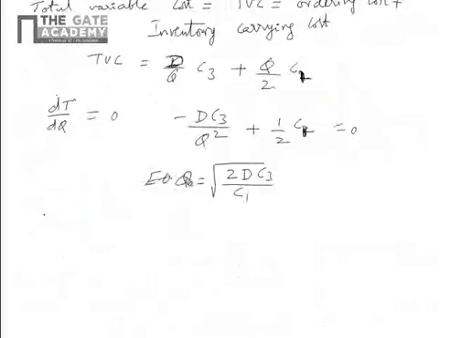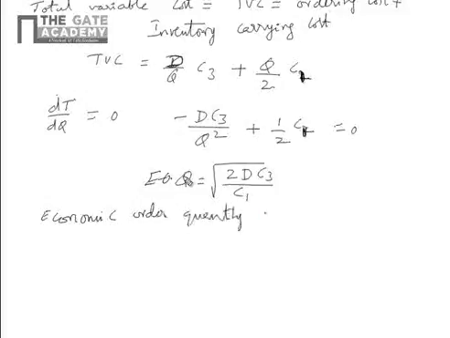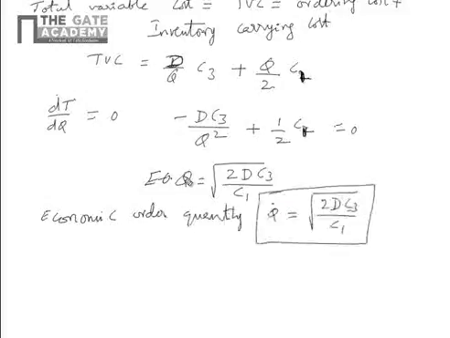So economic order quantity Q equal to root of 2DC3 by C1. So this is for the first case where no shortages, instantaneous replenishment and uniform demand.